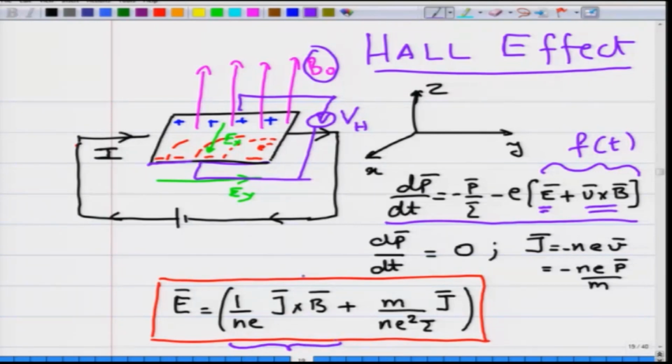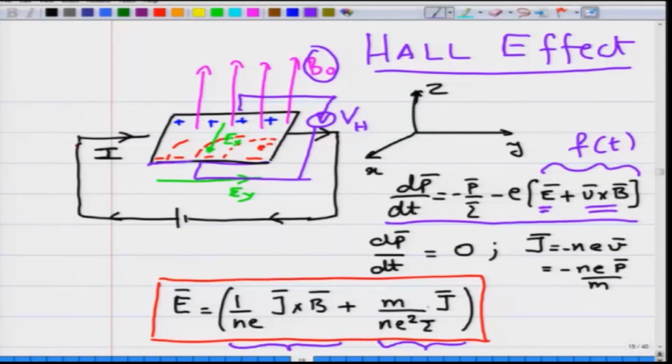One is a J cross B term, and there is another term which looks very familiar. If B is equal to 0, then you only have the term m by n e squared tau times J. The electric field is m by n e squared tau times J if you have only an applied electric field and no magnetic field.